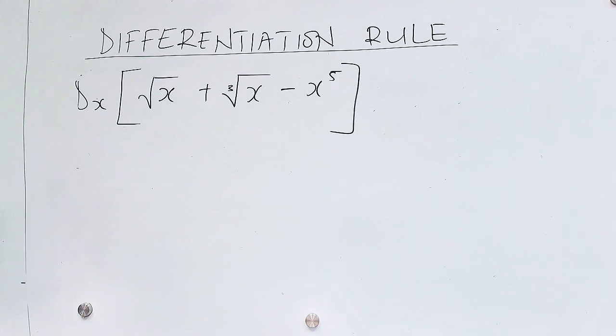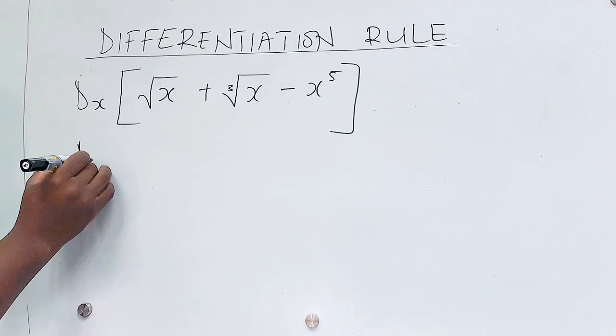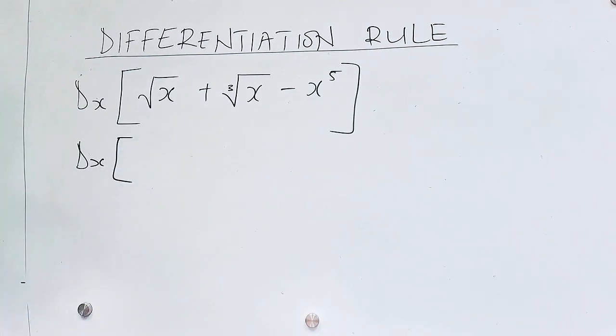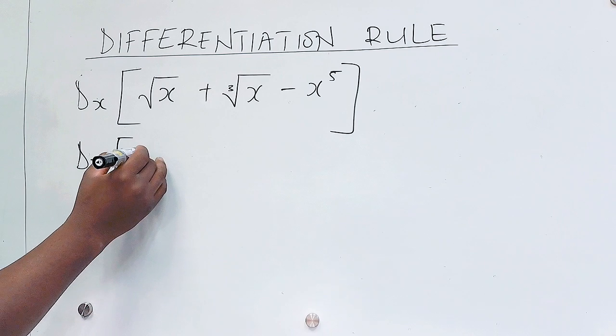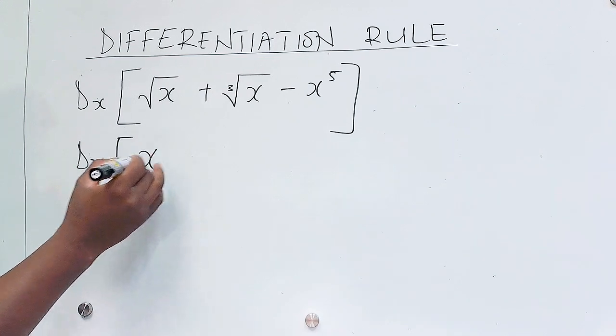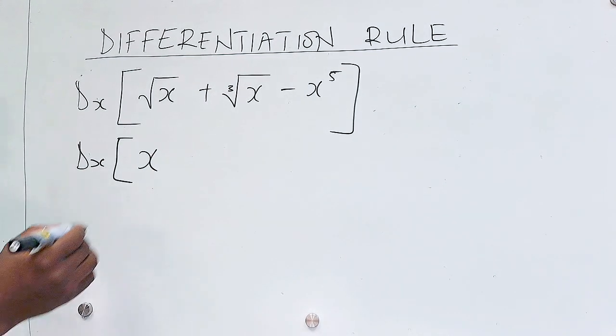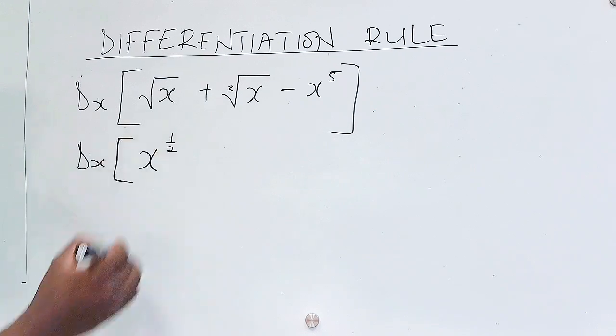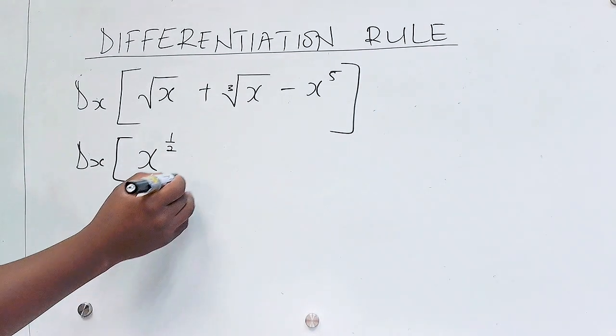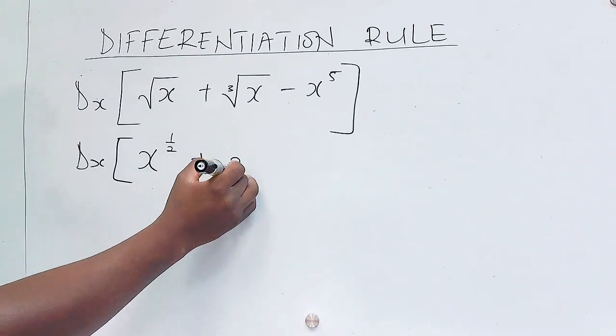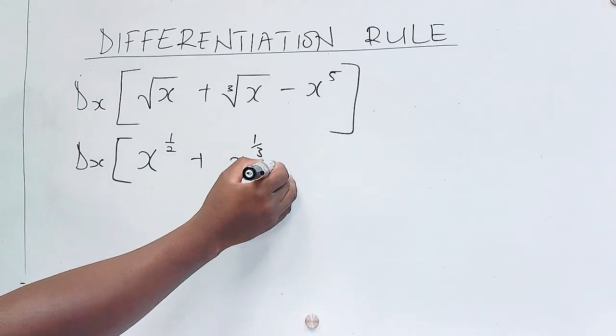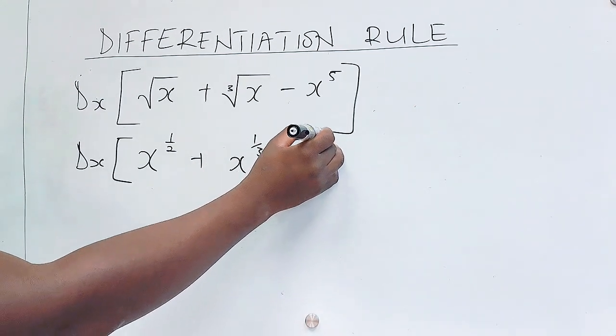You must keep your d/dx because you haven't differentiated yet, you are still simplifying the expression. Square root in exponential form represents power half. So this is x power half plus cube root is x power 1/3 minus x power 5.